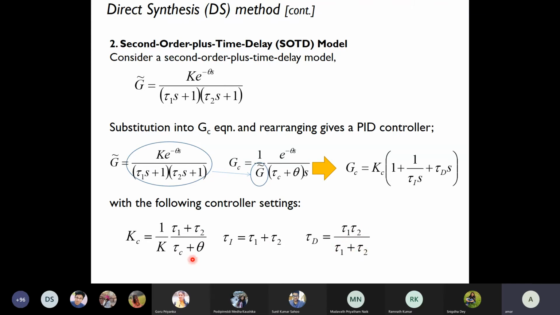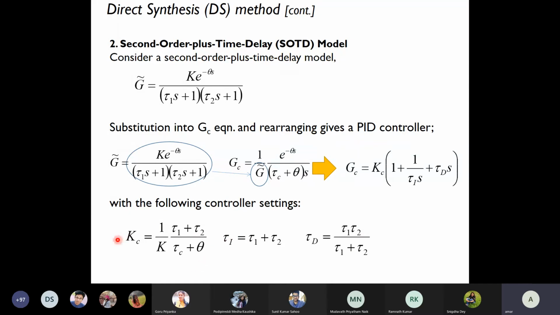Here also, if you compare the pure second order system and second order with time delay, in both cases I am getting a PID controller. But in the PID controller parameters, the integral and derivative time constants remain the same, while the proportional gain changes.